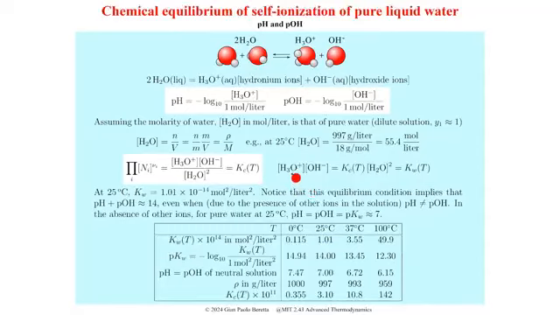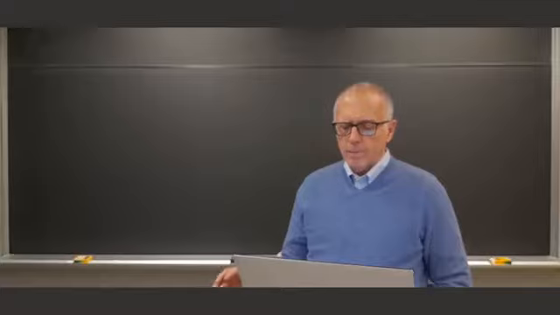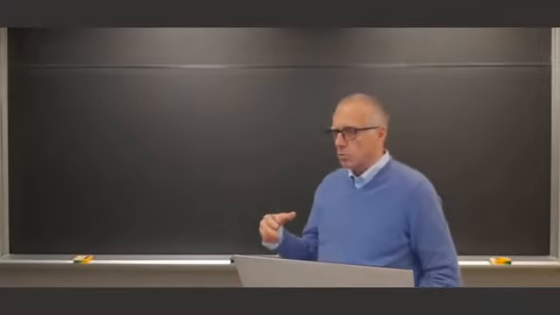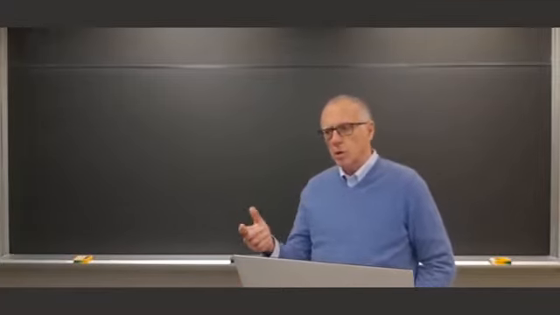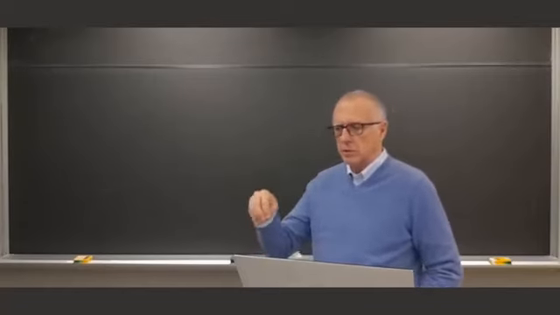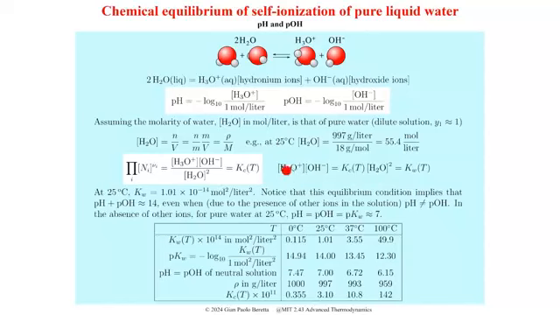And if you have a neutral solution in which there is no acid or base dissolved that would capture some of these ions, they would be equally populated. So their concentrations will be equal, and therefore each one takes 10 to the minus 7. 10 to the minus 7 times 10 to the minus 7 gives 10 to the minus 14.